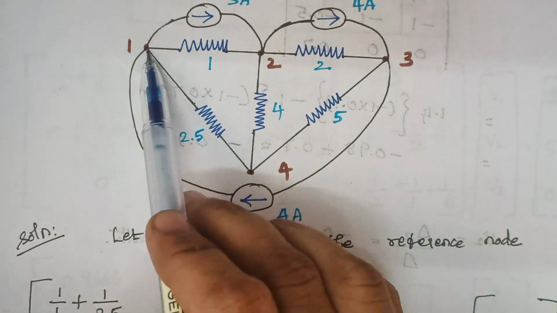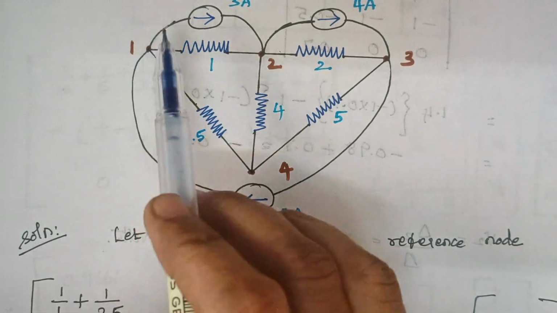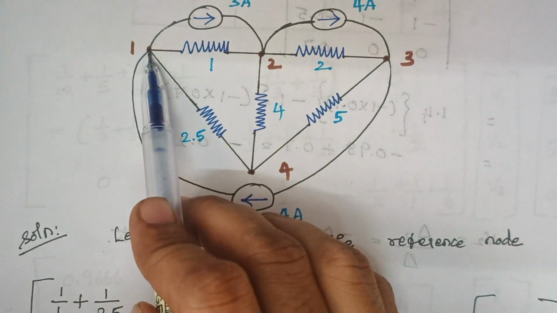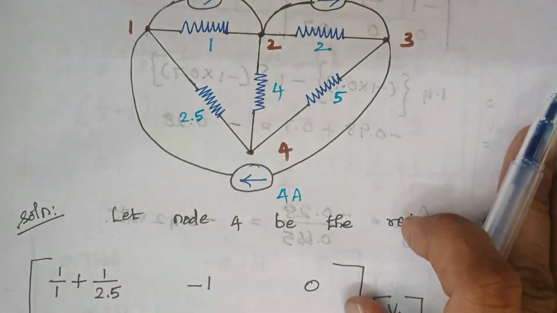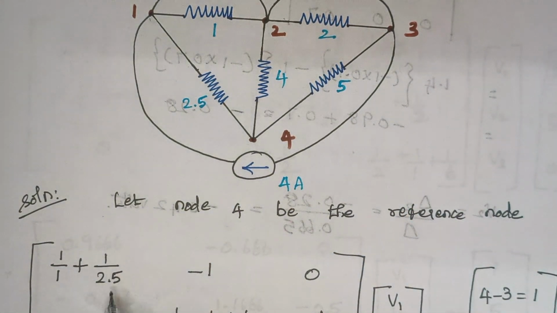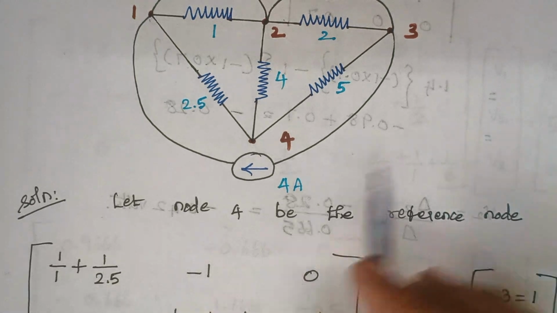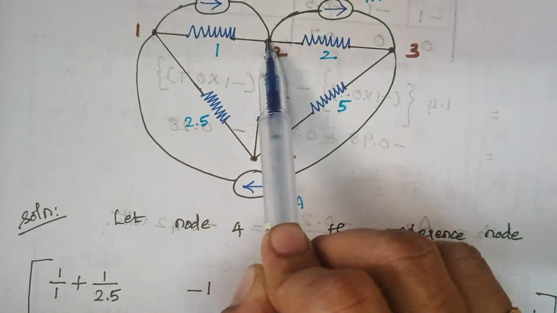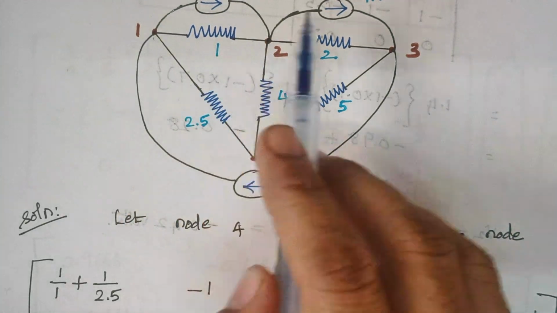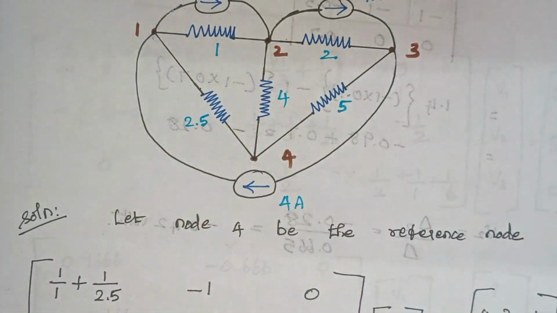So again when you consider your node 1, right? To the node 1, how many resistors are connected? This 1 ohm and 2.5 ohm. So therefore 1 by 1 plus 1 by 2.5. Right. Again, when you look at this node 2, how many resistors are connected? This resistor 1 ohm and this resistor 2 ohm.